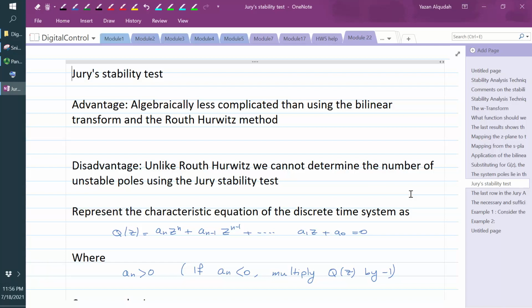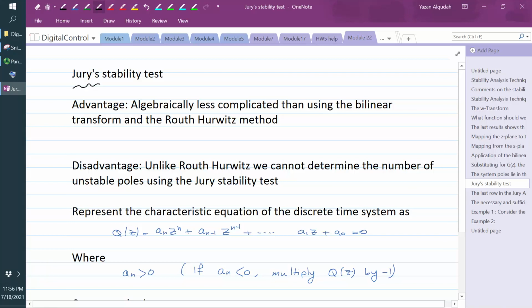Okay. Now there is another method that we can use to study stability. So the first method is to do the bilinear transformation and apply the Routh-Hurwitz. The second method is called the Jury stability test. Now this method has advantages and disadvantages. The advantage is that it is less complicated than using the bilinear transformation.